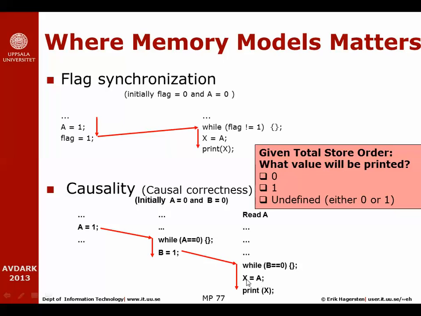So X will get the value 1. This is slightly weaker than sequential consistency, but we didn't need the ordering of loads versus stores. We can just look at the value of stores to make this partial correctness work.